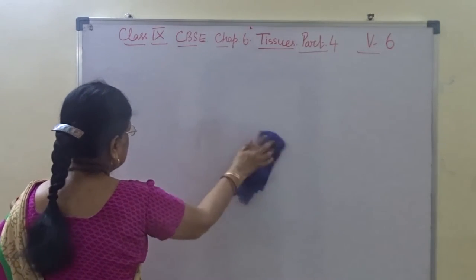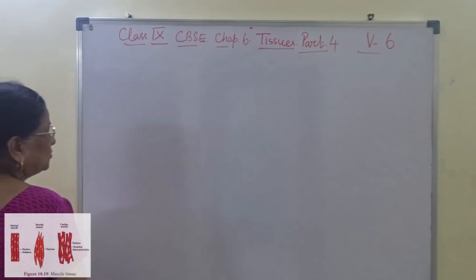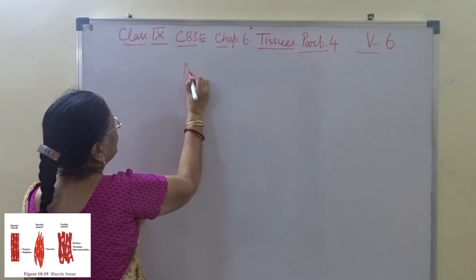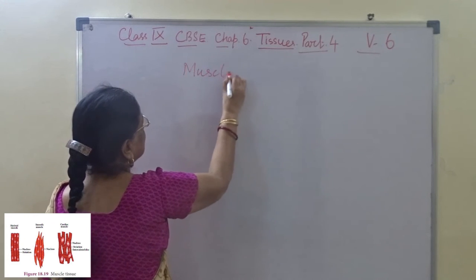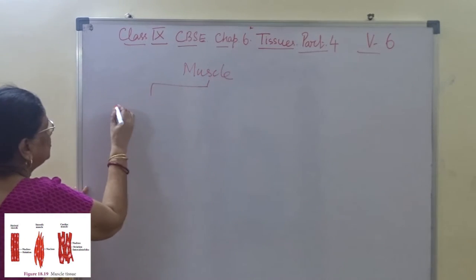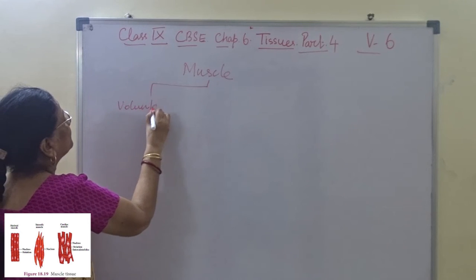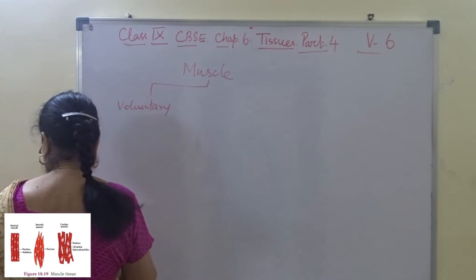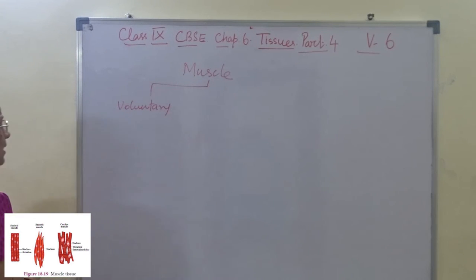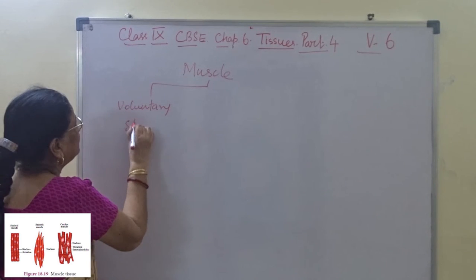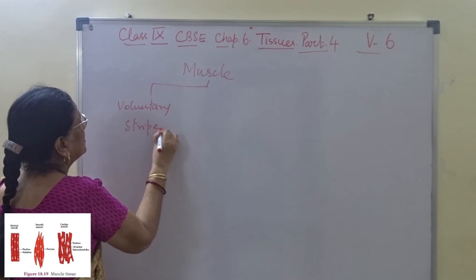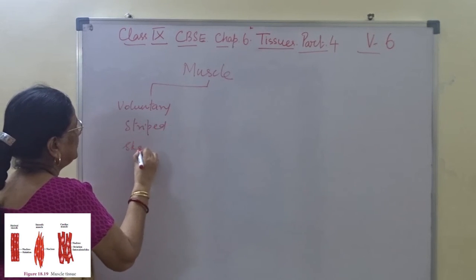Now the next one is muscular tissue. It is of three types. One is voluntary, striped or skeletal muscle.